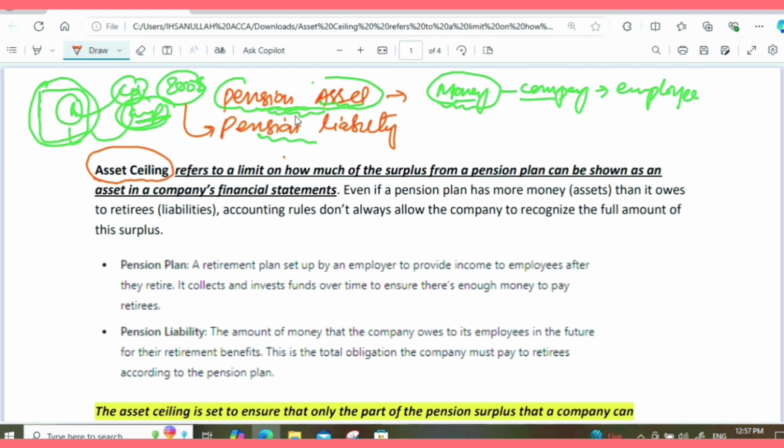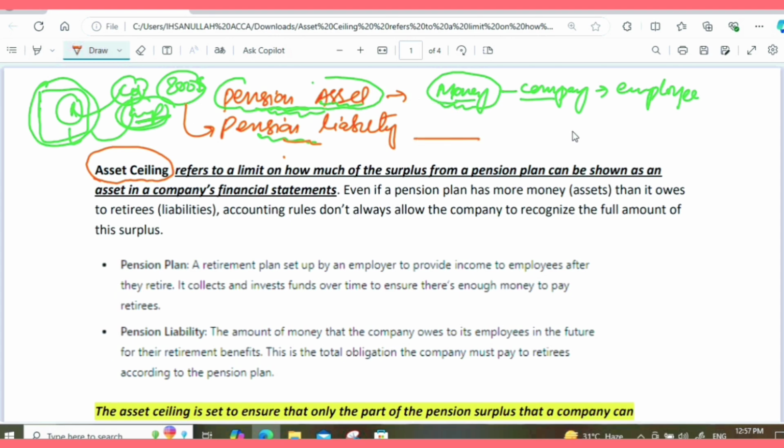So it is the company's promise to provide retirement payment, and this is estimated based on things like how long employees live and when they retire. Clear?